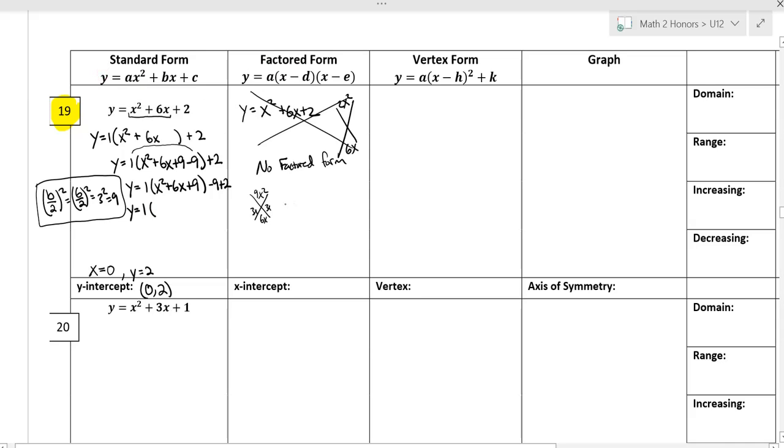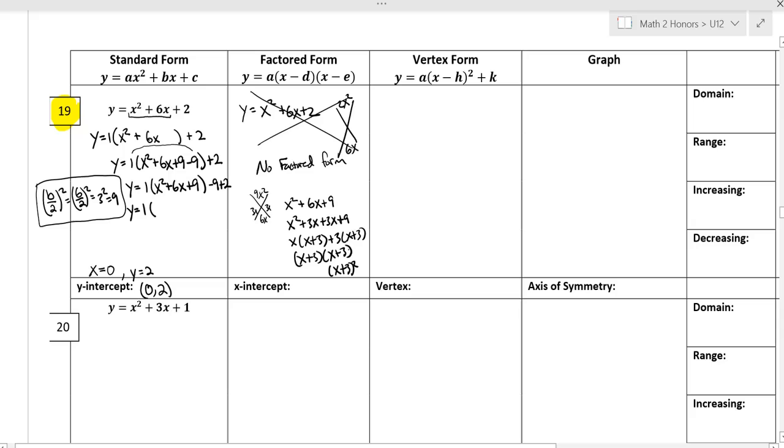So if I have x squared plus 6x plus 9, it's going to be x squared plus 3x plus 3x plus 9, which is x times x plus 3, plus 3 times x plus 3, which is x plus 3 times x plus 3, which is x plus 3 squared.